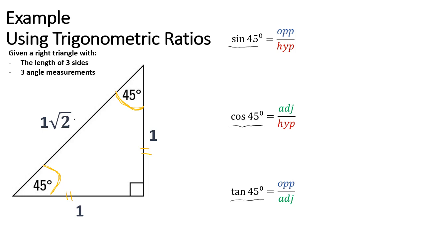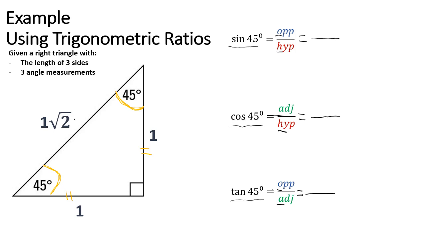I set these up the way that we always do. We look at our SOHCAHTOA. I'm just going to set those up in advance, so all that I need to do is fill in the blanks of what we have here.